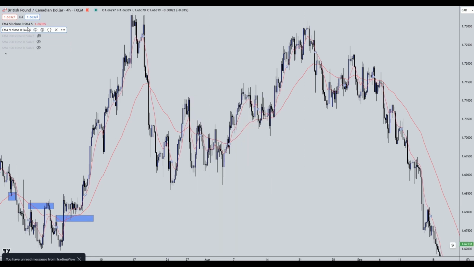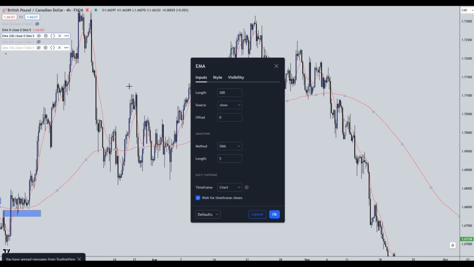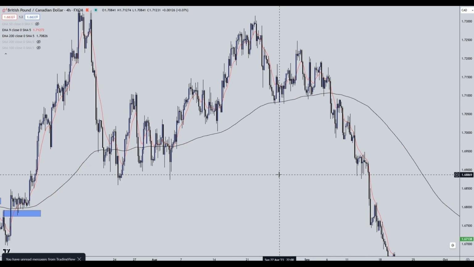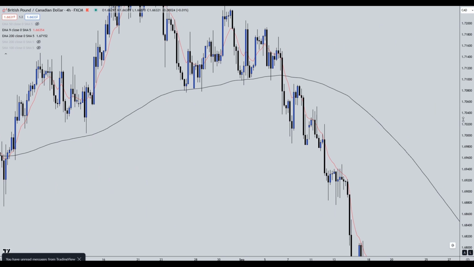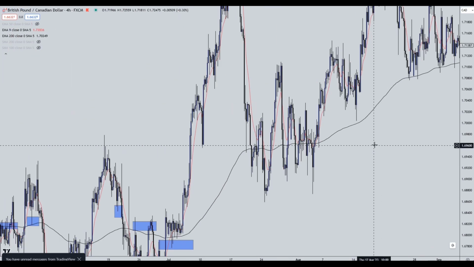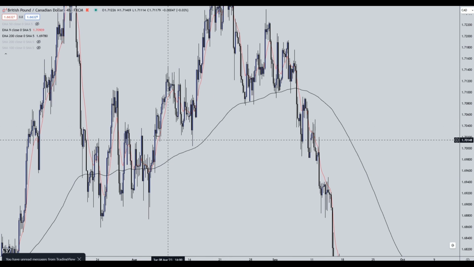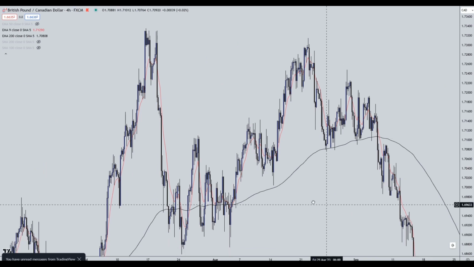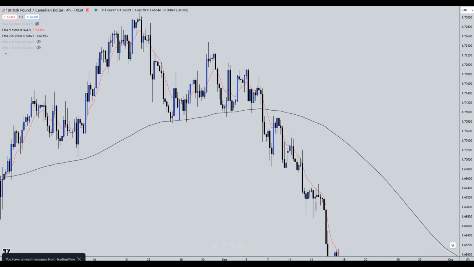Okay, so another thing that people sometimes use, if we go here, is crossovers. If we're looking at this market here, people start potentially trading the crossovers. So you might say, for argument's sake, if the 200 EMA, which is the black, is lower than the red EMA, which is the 9, then I'm only buying. What you might say is that when the red EMA is below the black EMA, I am selling.